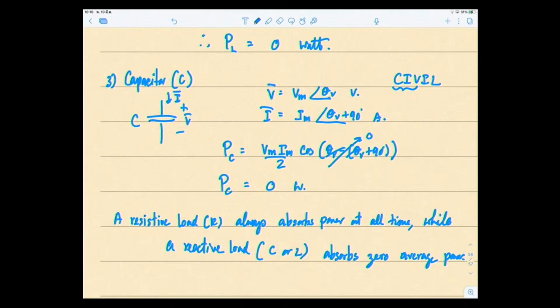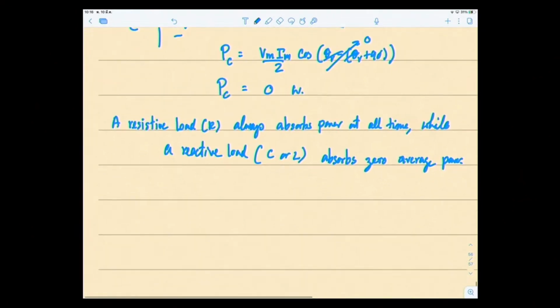So that's the conclusion. Only R absorbs average power at all times.